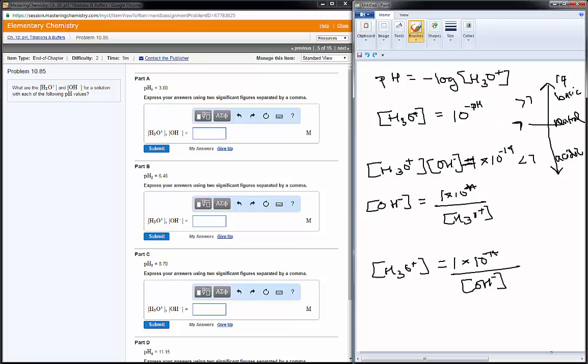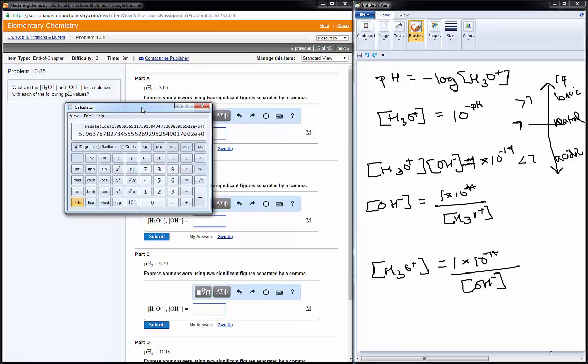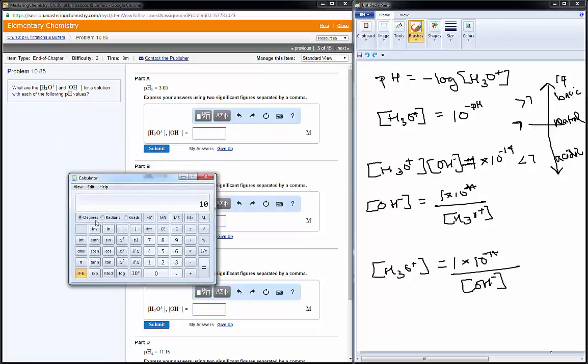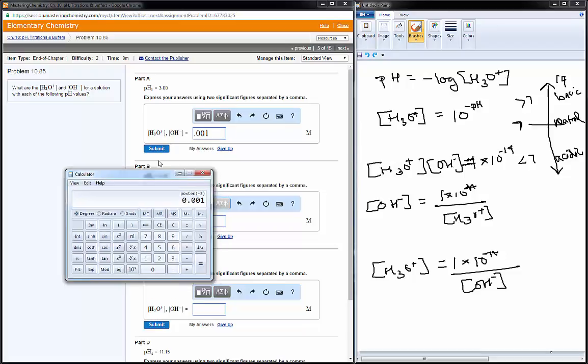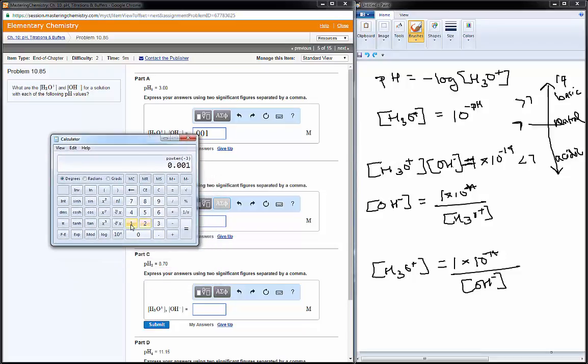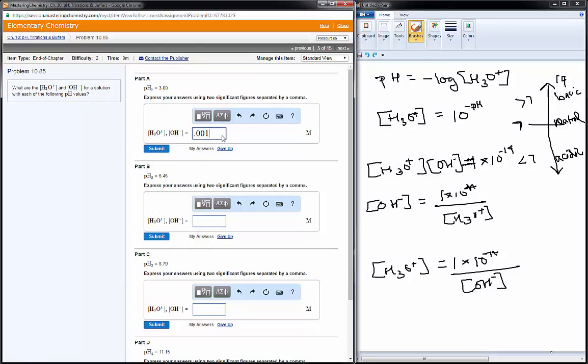So let's have a look at that. 10 raised to the negative 3, I'm going to say -3. 10 raised to that gives me an H3O plus of 0.001. And if this is my H3O plus, then 1 times 10 to the -14th divided by that, 0.001, gives me my hydroxide concentration, which is 1 times 10 to the -11th.